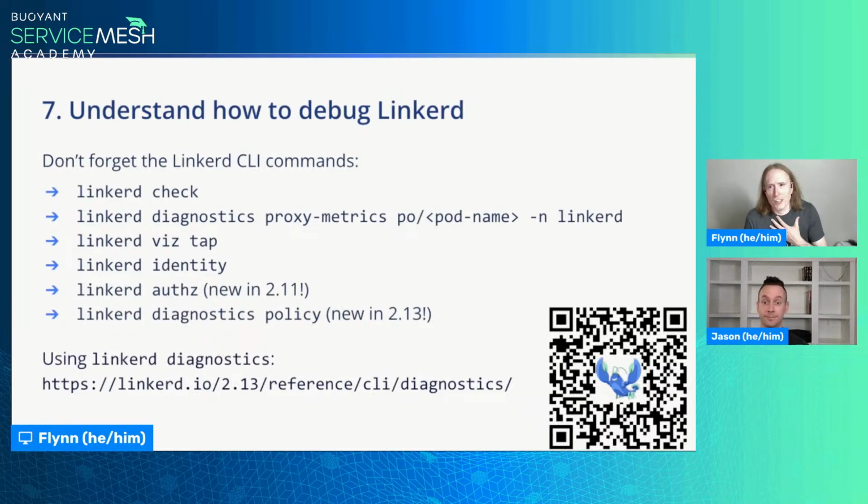Neither of which we're going to show in this particular demo, but if you look back at the circuit breaking and dynamic routing deep dive SMA from last month, we talk a bit more about linkerd diagnostics policy in particular.